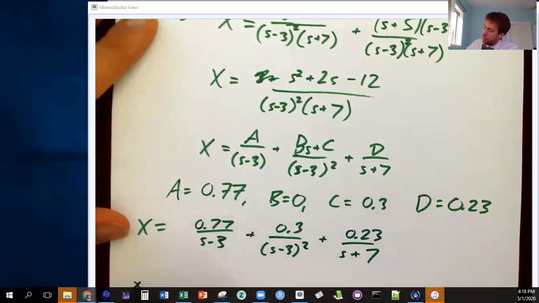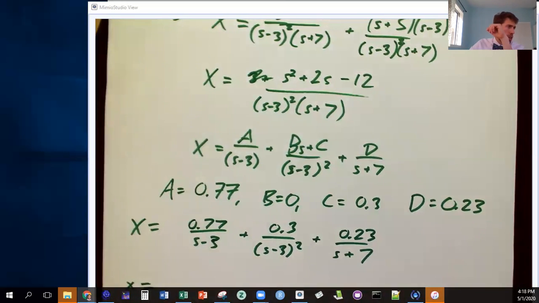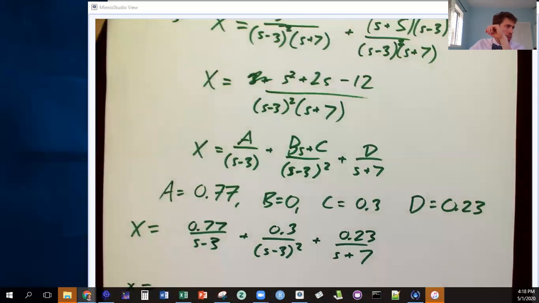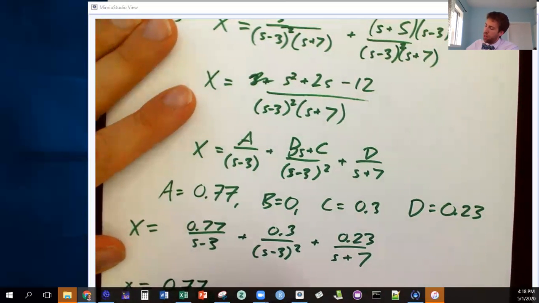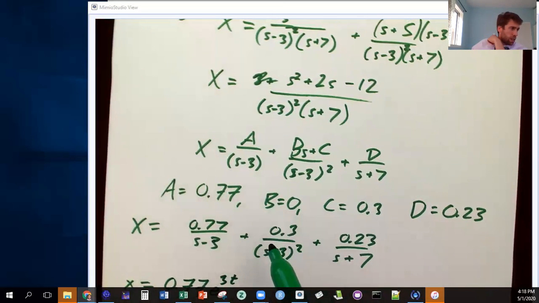So then little x equals, let's go to our table of Laplace transforms. And so we get 0.77 e to the 3t. And then this one right here, that corresponds to a t times e to the at situation.